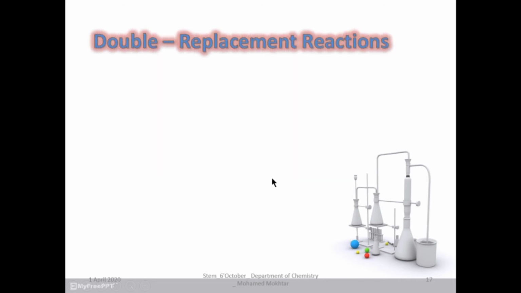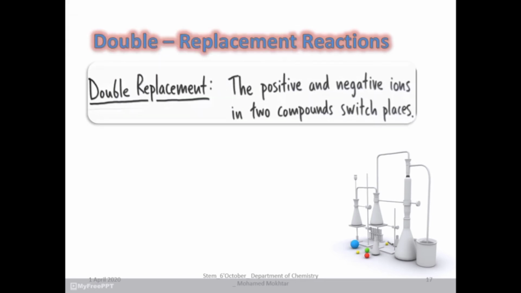The fourth type is double replacement reactions. It doesn't matter which is more active, because the positive and negative ions in the two compounds switch places. This takes place and that takes place.